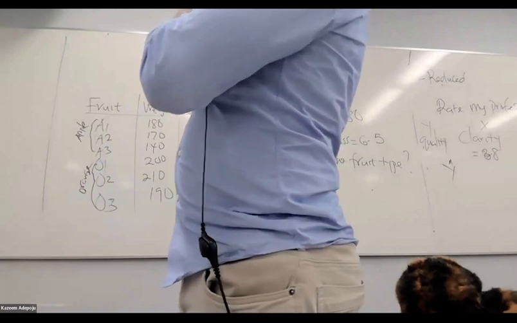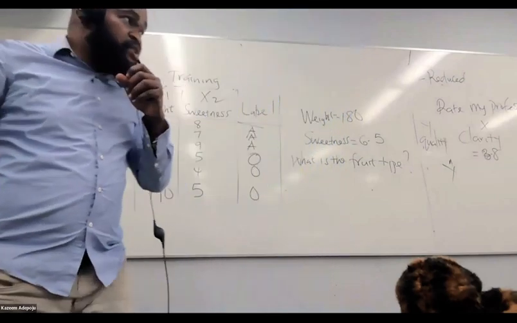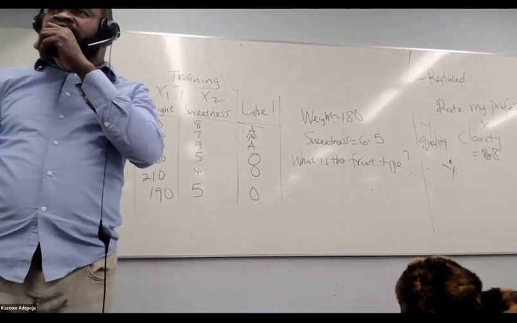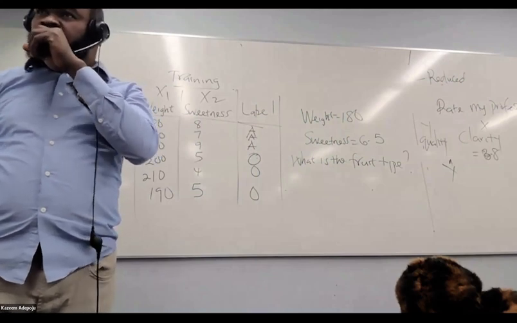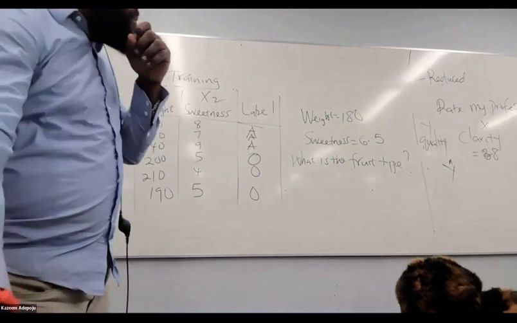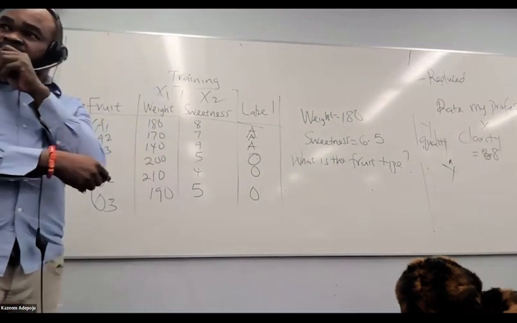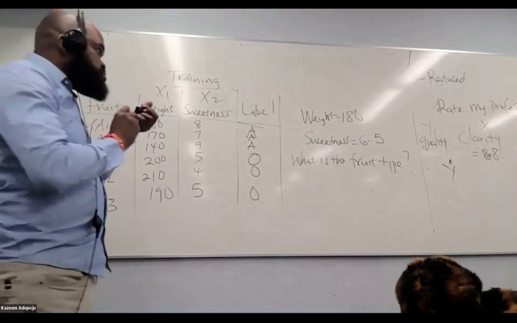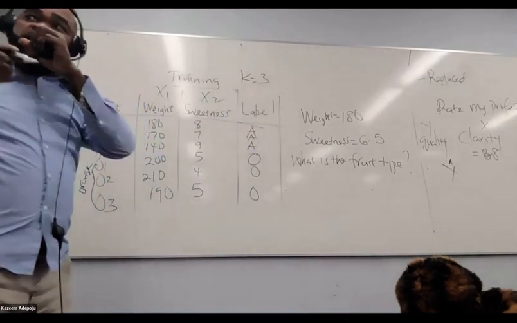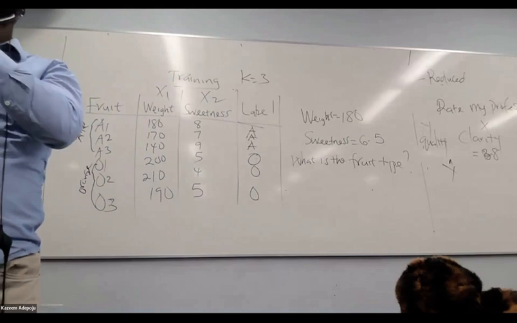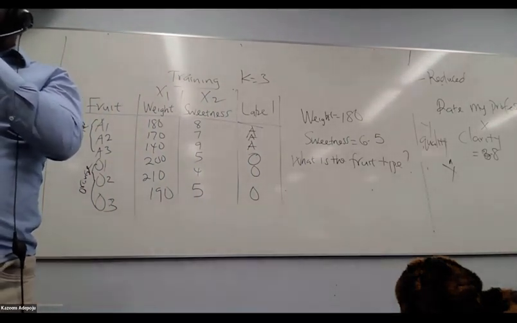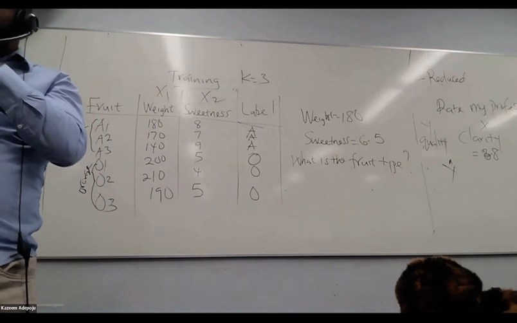If you want to classify, the very first thing you need to do is decide on the number of neighbors, which we call K. If I look at this data set and choose K to be 3, the first step in KNN is to identify the number of neighbors.